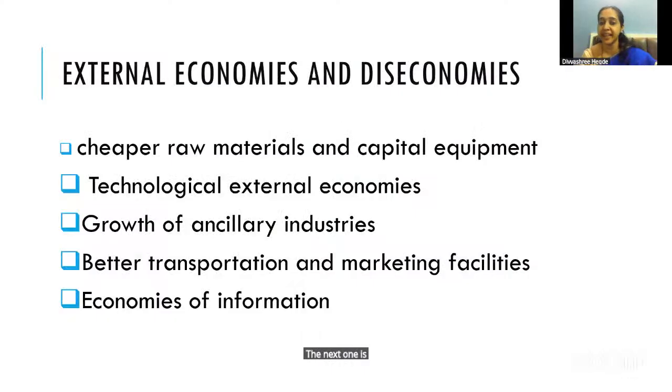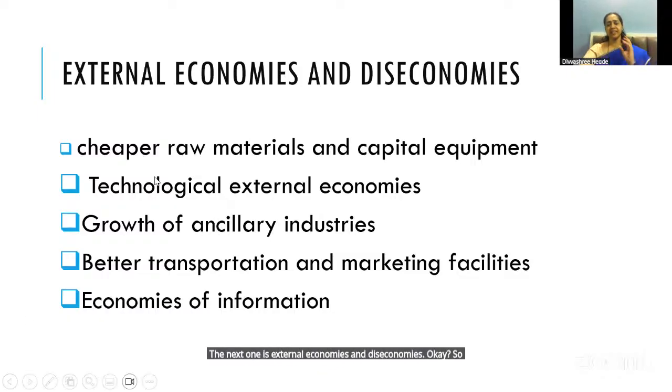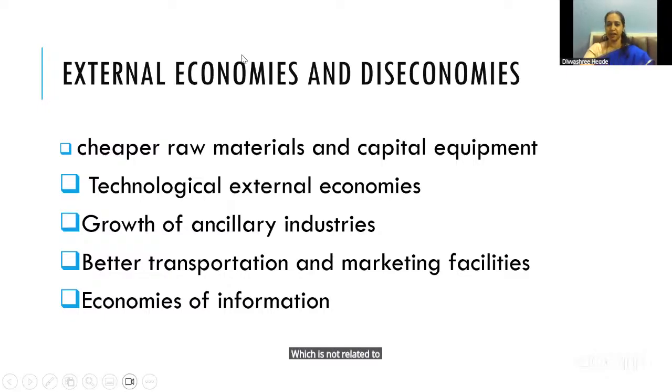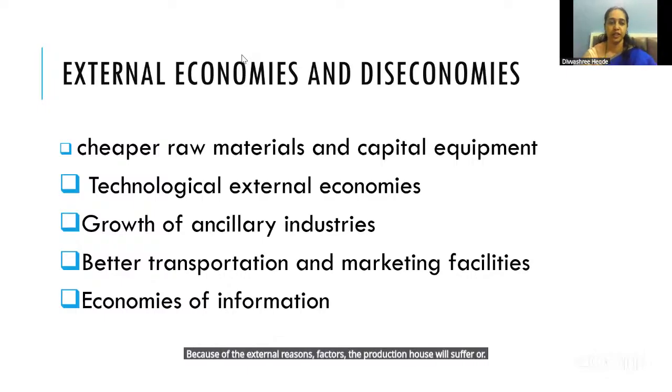Okay, and the next one is external economies and diseconomies. These are the things which are not related to that particular production house. Generally, because of external reasons and factors, the production house will suffer or enjoy.